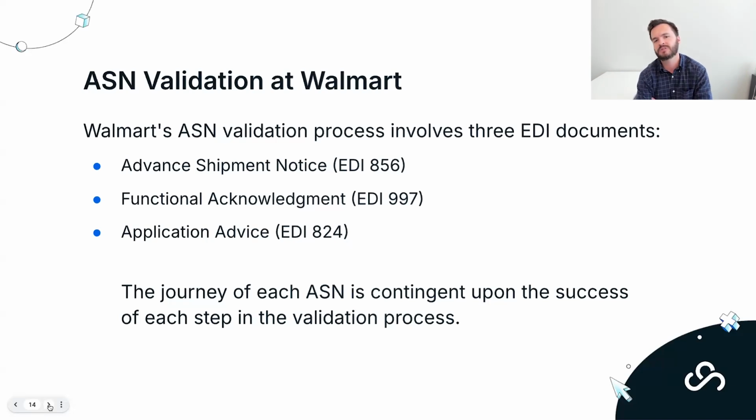And that was nondescript, in the sense that suppliers weren't sure if there was an error on the EDI side of things, which the functional acknowledgement is helpful for clarifying, or if there was an error with the ASN in terms of the data, the information. Is there something wrong with the document type? Is it the wrong code? So all of this is designed to clarify that process a little bit more. And it's the EDI 824s in particular that have become more descriptive and more helpful.